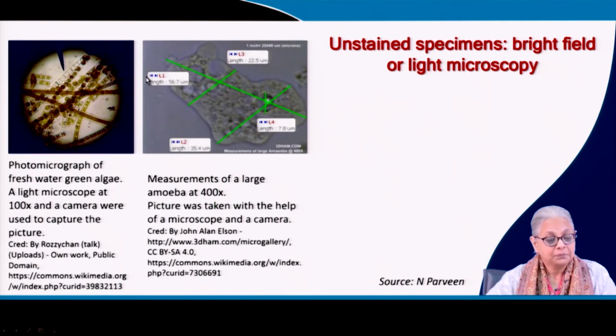So that you can see is an amoeba, and the length of this cell is about 56.7 microns, and you can see that the width has been measured at different points because it's an irregularly shaped cell. So you can see how different points on the cell have different widths, and that is another one.